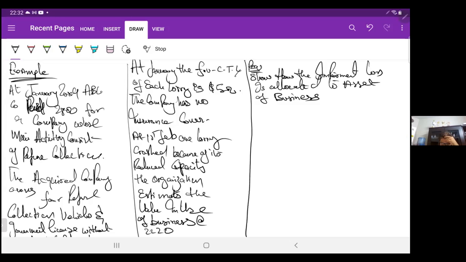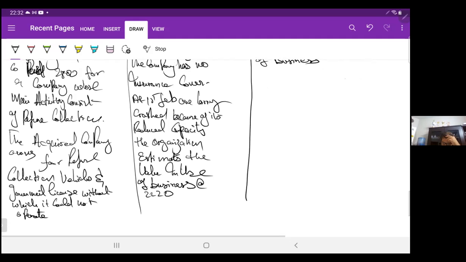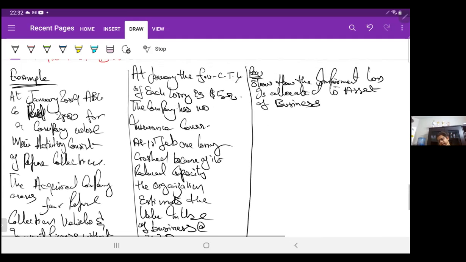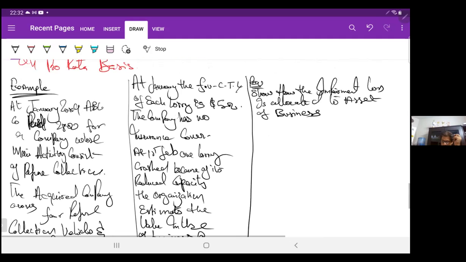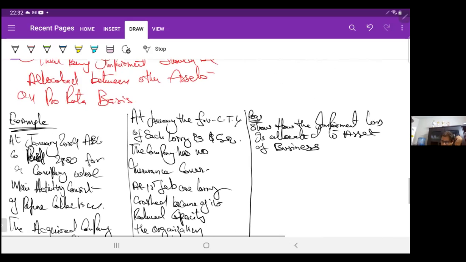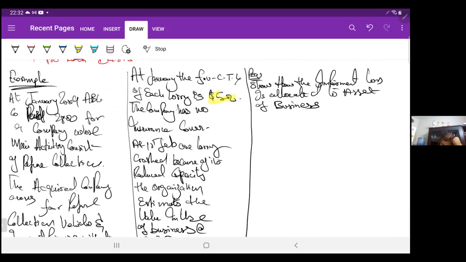The acquired company owns four refuse collection vehicles and a government license without which it could not operate. At January, the fair value less cost to sell of each lorry is $500. The company has no insurance cover.